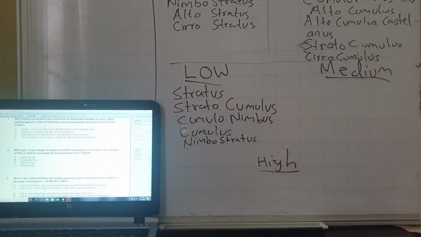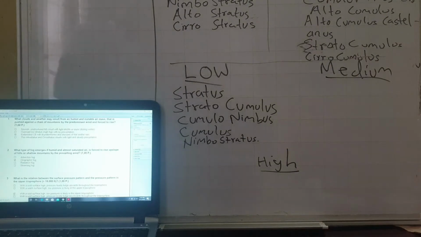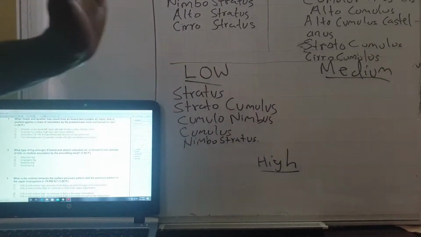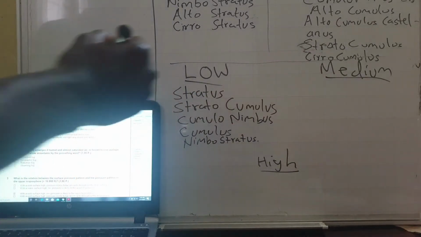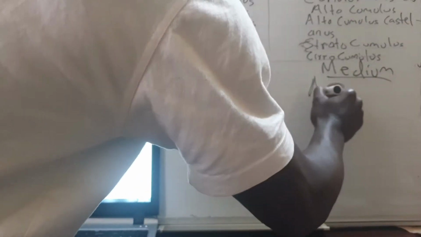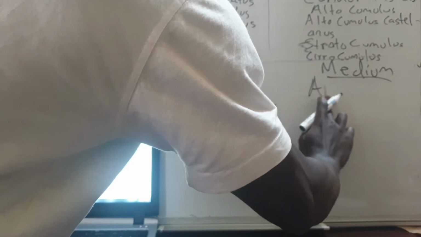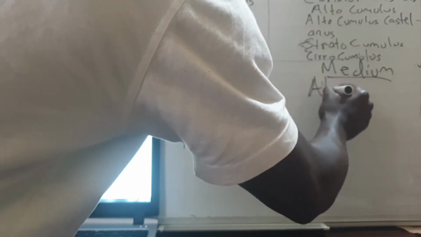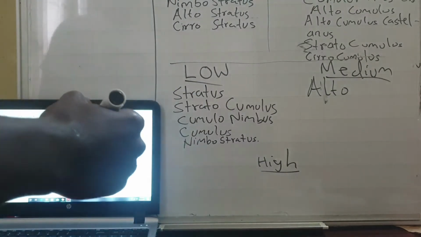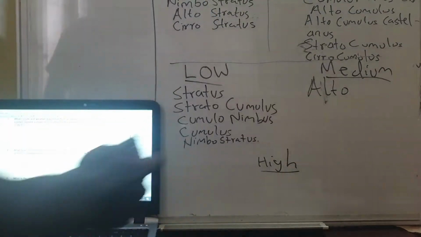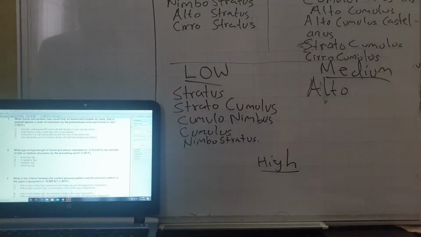Then on the medium clouds, you notice the medium and high clouds are prefixed by something. Medium are prefixed by the term alto. For the musician, you know that alto is the one midway between soprano and tenor. So alto is the one in the middle.